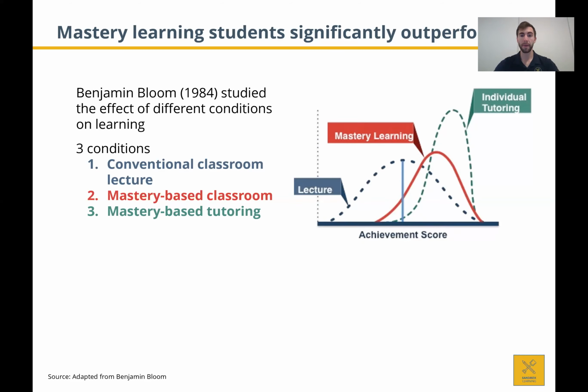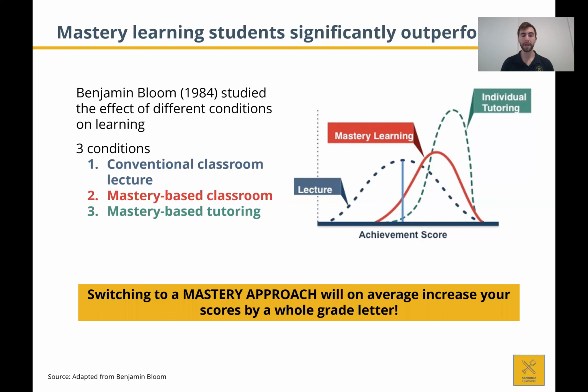In fact, the mastery learning performed 1 standard deviation better, whereas the small group tutoring approach performed 2 standard deviations better. The implication of this is switching to a mastery approach will on average increase your scores by about a grade letter, right? And so that's what we do primarily at Sandbox.